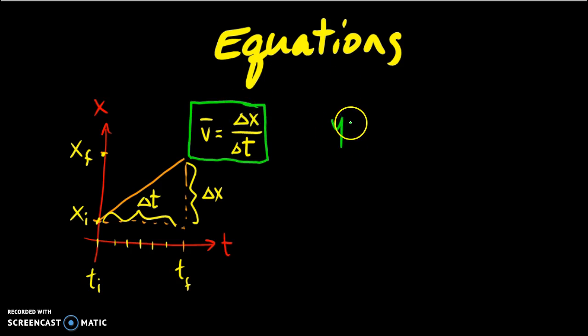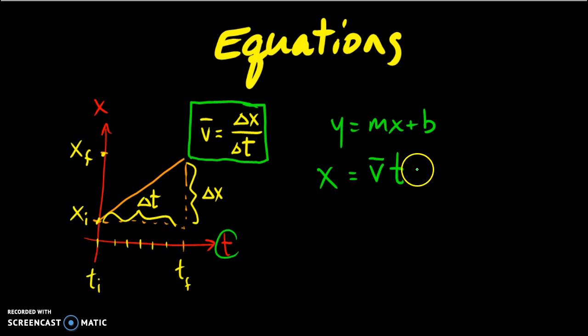on a position versus time graph. Also, just a general expression relating back to the equation for a straight line, because that's what we have here. We don't have y, we have x for position, and the slope is the average velocity as we just calculated. We don't have x, we have t for time, and our y-intercept is actually the initial position.